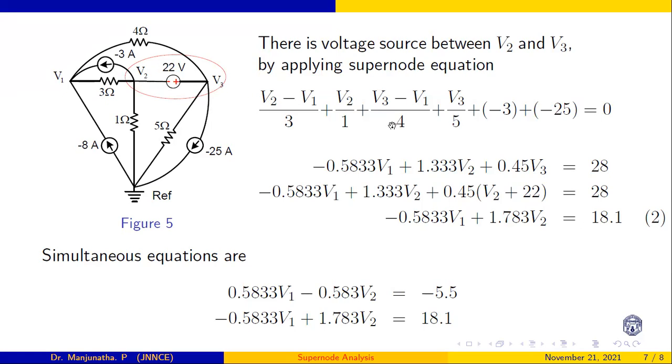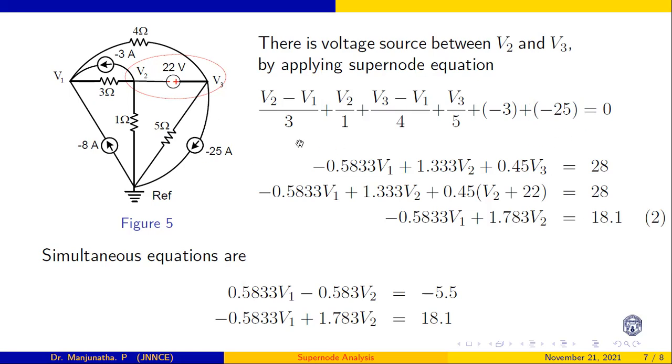Next, coming to V3: V3 minus V1 by 4, V3 by 5 ohm, and the current is moving away, minus 25 ampere, is equal to 0. The sources for nodes 2 and 3 are moving away, plus of minus 3 ampere. It is also moving away.